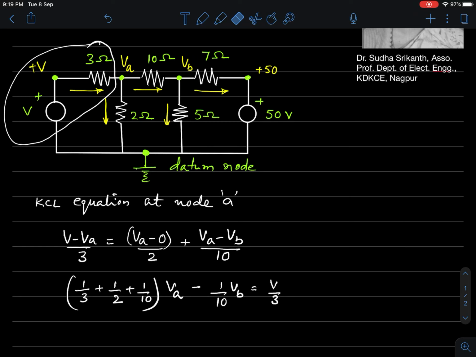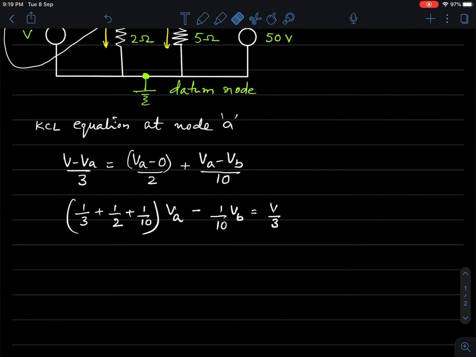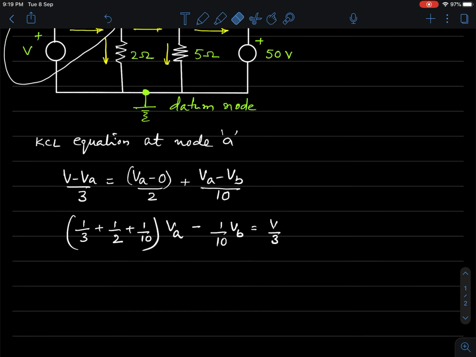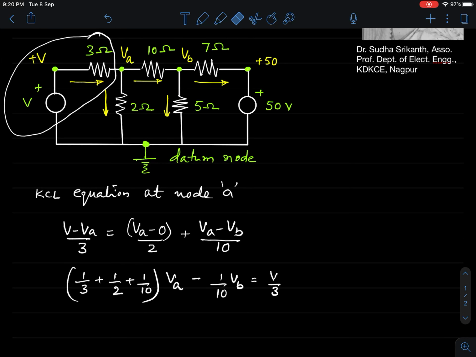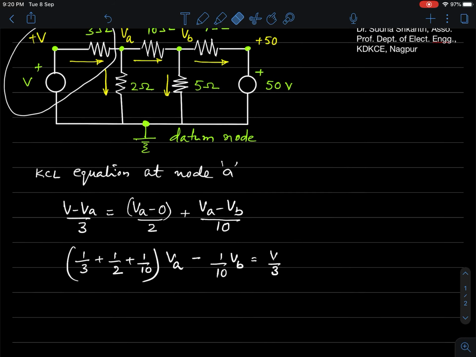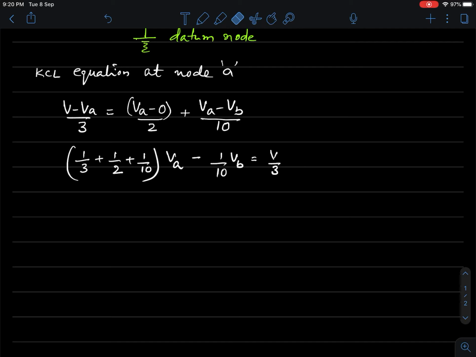So having obtained this equation, we will try to go ahead with the other equation. This equation we could have written by inspection. Now at node B, we will try to write it by inspection. The nodal equation at node B. The first one we wrote by first principle, and by inspection we will write this one.